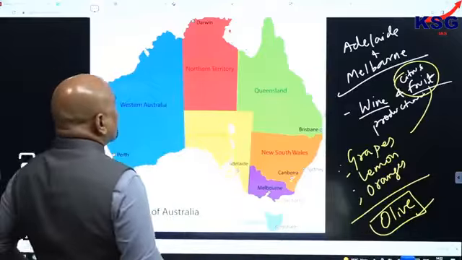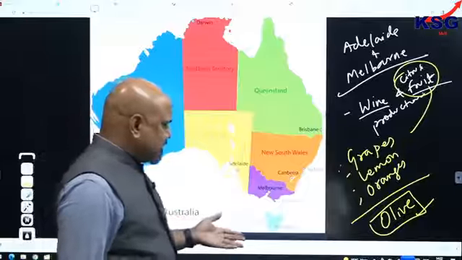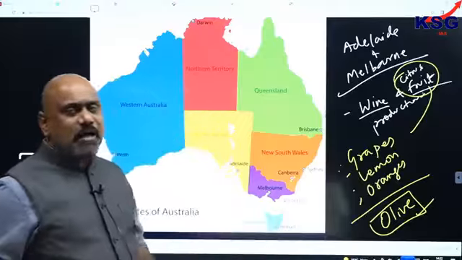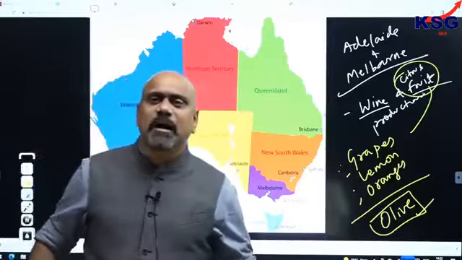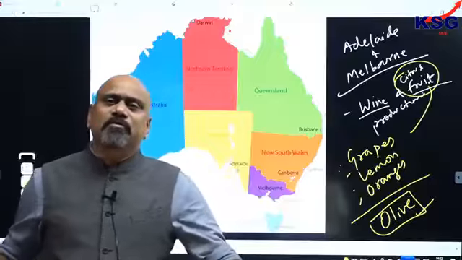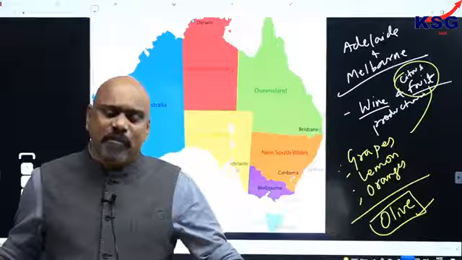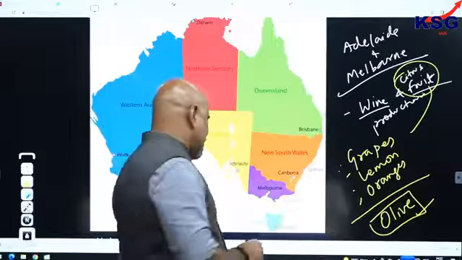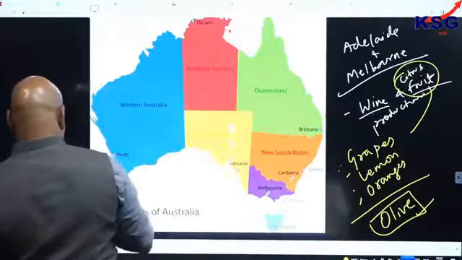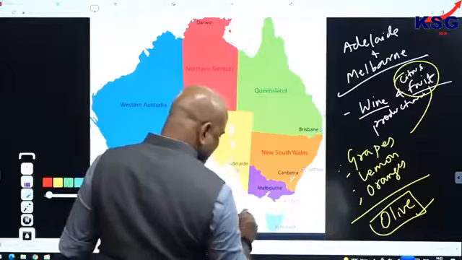And these regions, Tasmania, just like a garden estate, market gardening, particularly for perishable goods, vegetables, flower cultivation, dairy farms. Here you have vegetables, flowers, dairy farming.